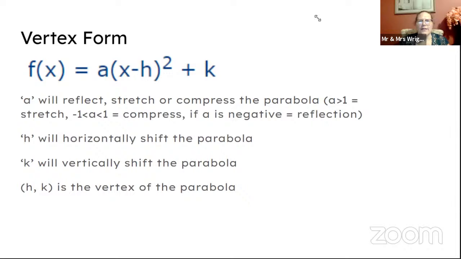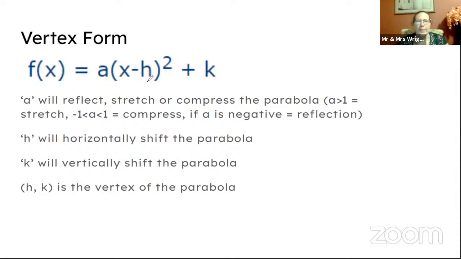So if we have a quadratic parabola, it would normally look like this. It opens upwards. But if A is negative, it's going to look like this and open downwards. So that's all the negative or positive of the letter A will do for us. And then depending on whether it's a value greater than 1, or a decimal, it will either stretch or compress it.